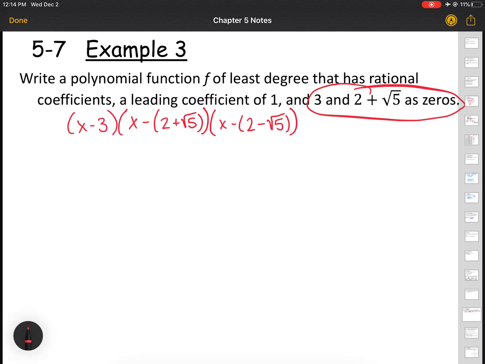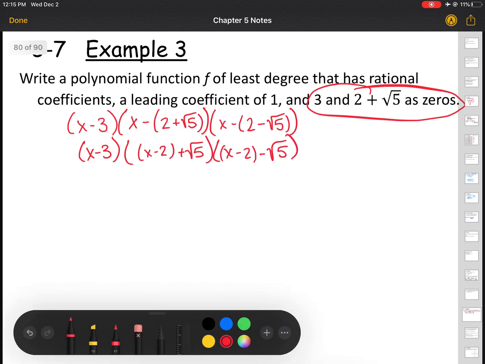So what I'm going to do first is leave that factor x minus 3 alone, and I'm going to deal with the next two factors. When I multiply those, I'm just going to group them together. So this would be grouped x minus 2 plus square root of 5, and then again, x minus 2 minus square root of 5.